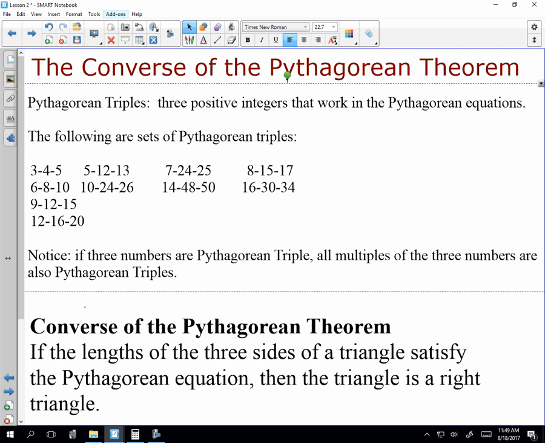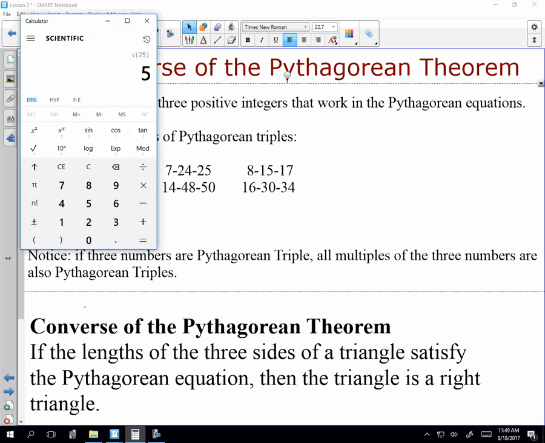So if we look at 12, 16, and 20, 12 squared plus 16 squared equals 400. Square root of 400 is 20. And we can use that with any of these other sets of values.